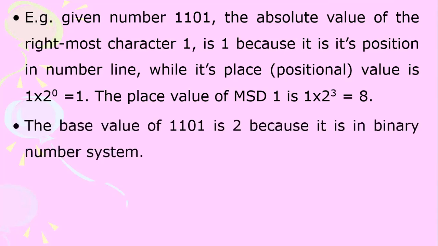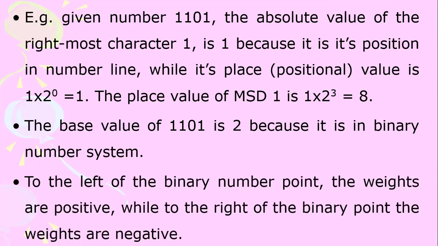So the base value of 1101 is 2. Why? Because it is in the binary number system. To the left of the binary point, the weights are positive, while to the right of the binary point, the weights are normally negative.